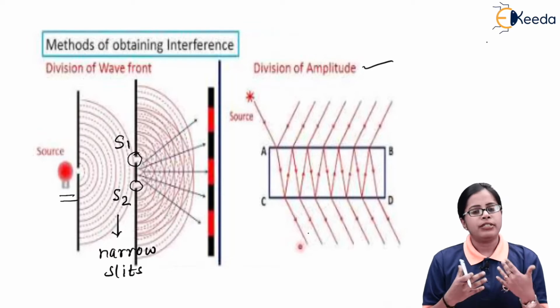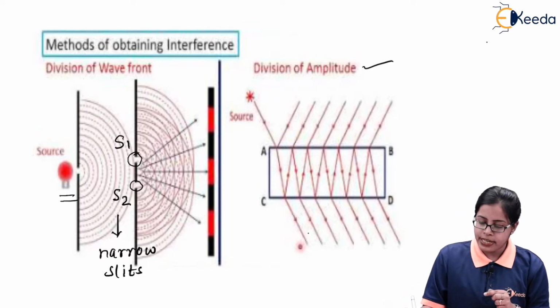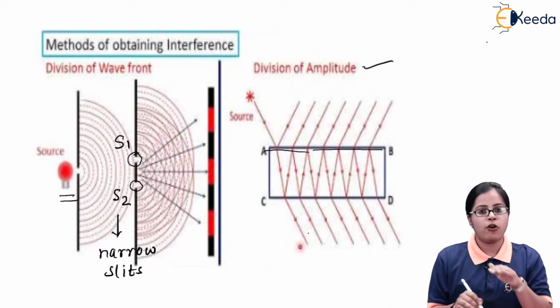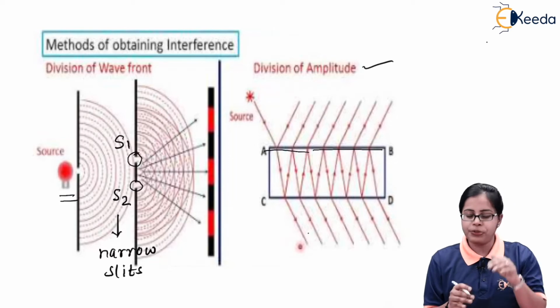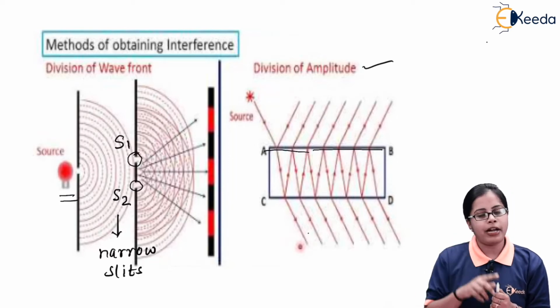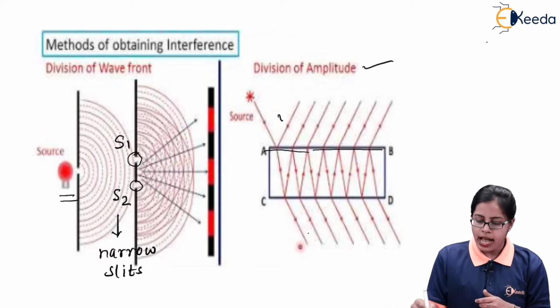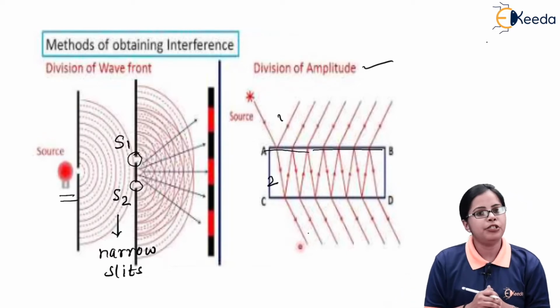So, with the help of partial reflection occurring at the interface, as you can see, the incident ray is incident on the top surface AB, and at that point it undergoes partial reflection. This is the partial reflection part, and this is the partial transmission part.